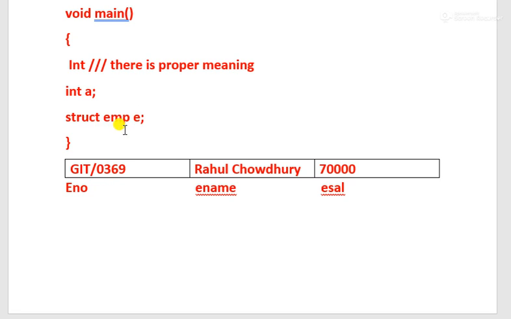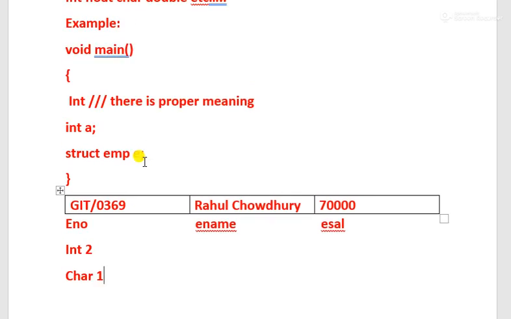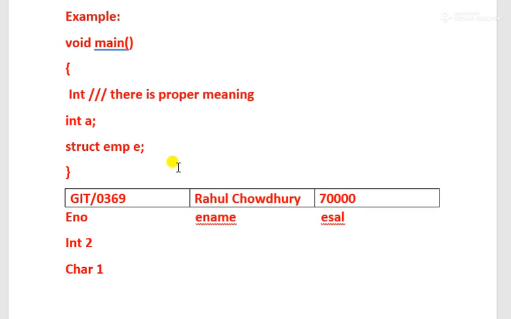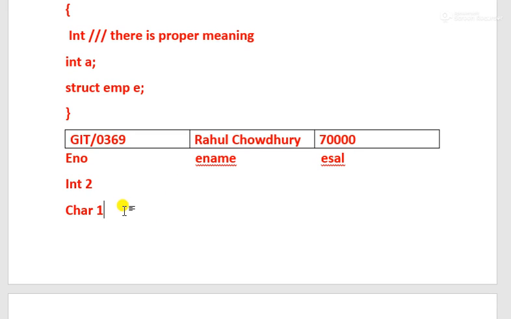So if I declare struct emp, how many bytes of memory will be allocated? Can you see? Integer occupies how many bytes? 2 bytes. Character occupies 1 byte, but the maximum size is 20, so it will take 1 cross 20, that means maximum 20.